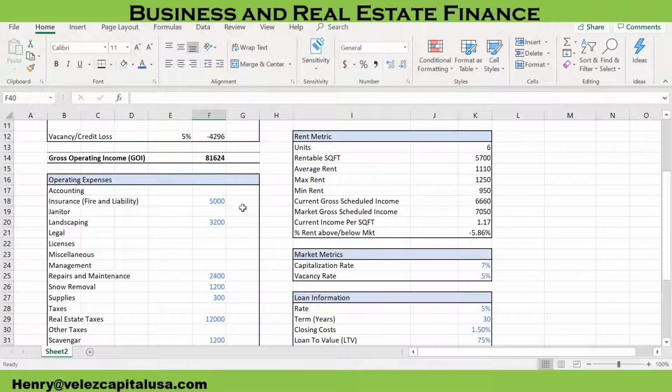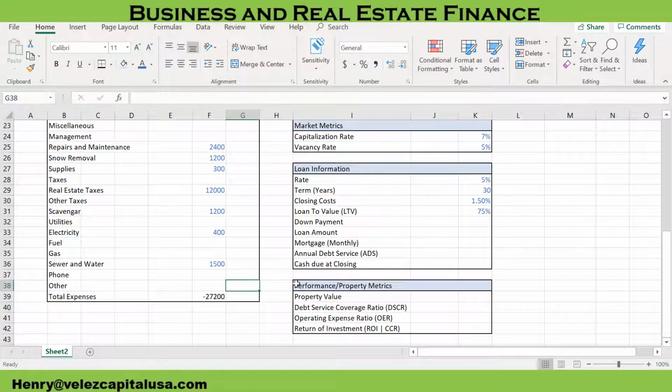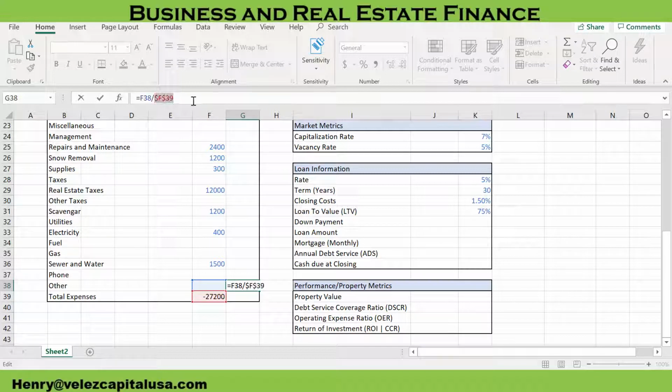And you can always check market information to determine if your expenses are in line with the market. So let's do it as a ratio, as a percentage of the total. So you take the expense and you divide it by the total, because the total will give you the 100%. You hit F4 to lock that total so you can drag it up.